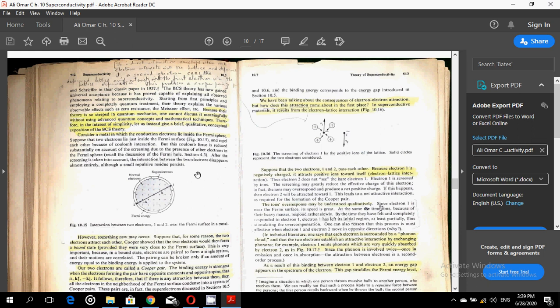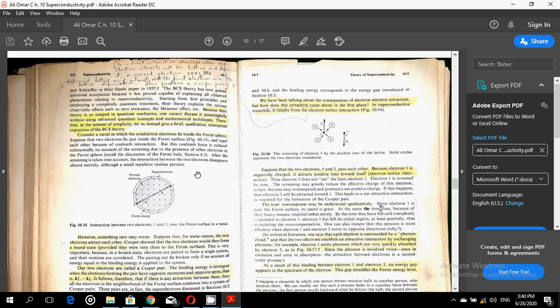The pairing can be broken only if an amount of energy equal to the binding energy is applied to the system. Okay, our two electrons are called a Cooper pair. The binding energy is strongest when the electrons forming the pair have opposite momenta and opposite spins, that is k upward and minus k downward.